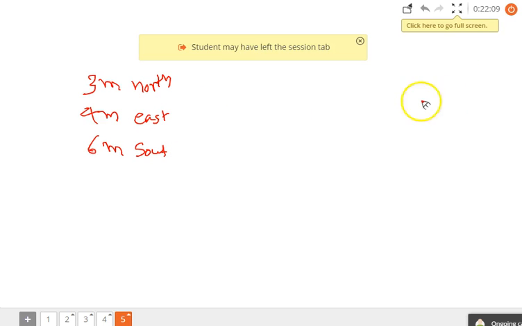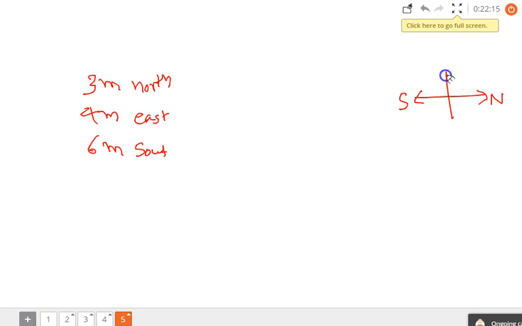We need to draw a graph over here lightly. This is north, this is south, this is east, this is west, something like that. An object you can consider 3 meters north, because this direction from the center is 3 meters. And again 4 meters east, because east is the upward direction.